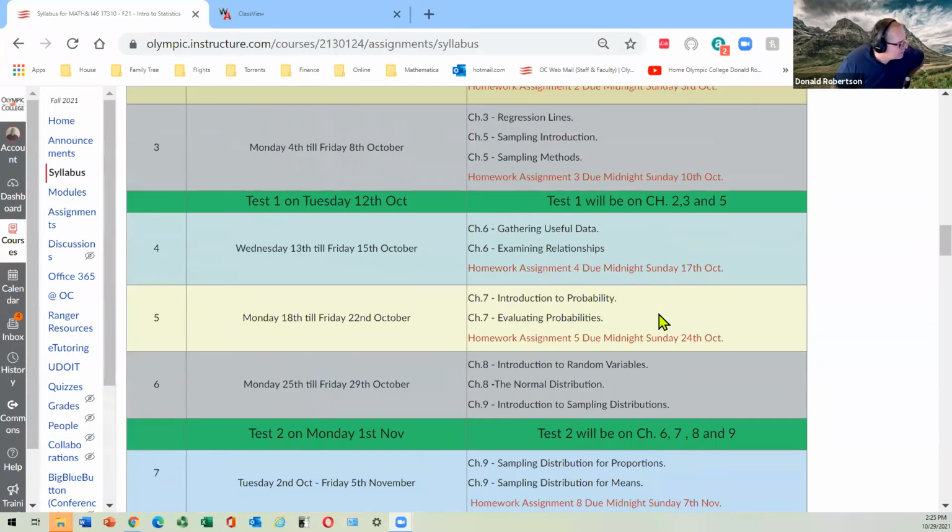And here it goes. Chapter 6, gathering data. The one that a lot of people found trouble with, probabilities.